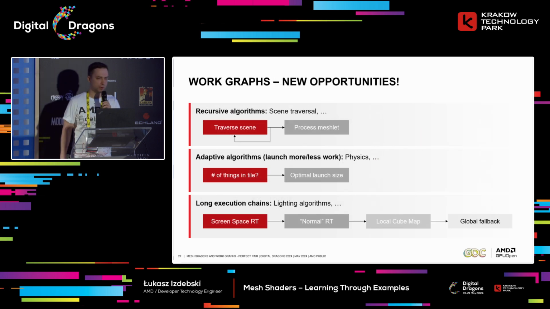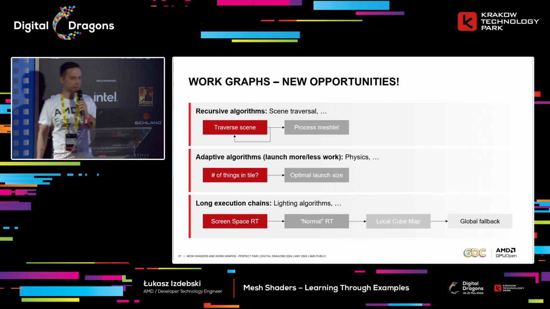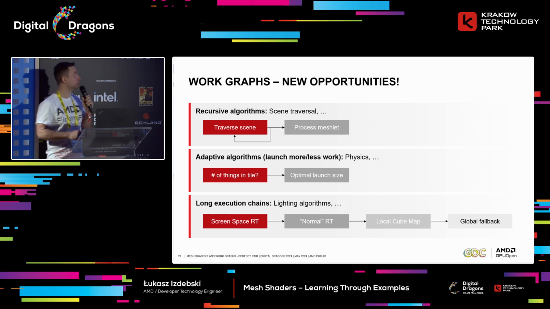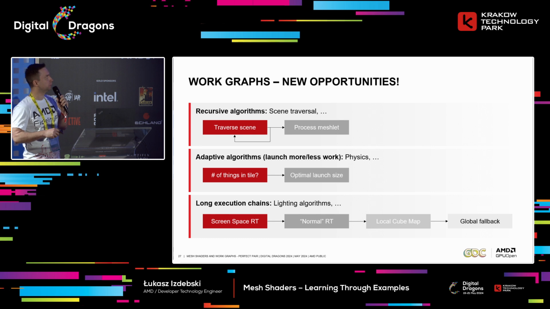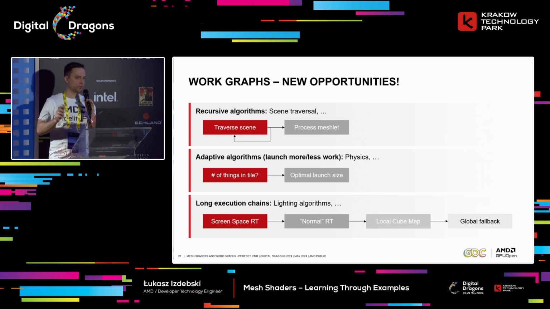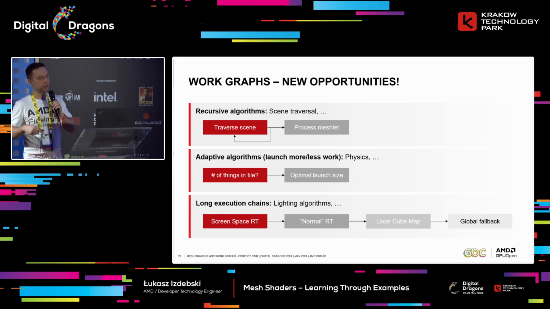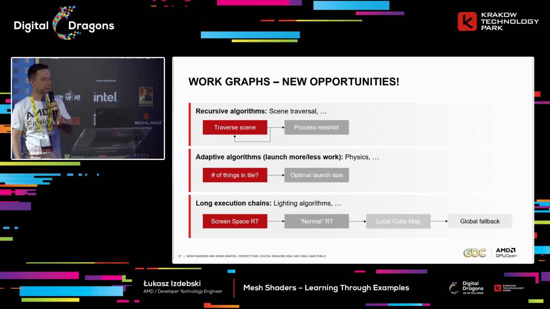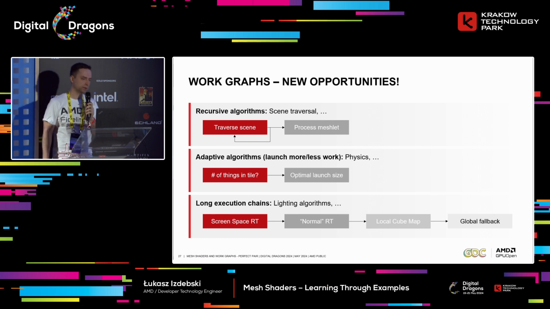With work graphs, new opportunities arrive, because nodes can be used in recursive algorithms, and with some restrictions each node can launch itself, so tree traversal techniques can be developed using work graphs.